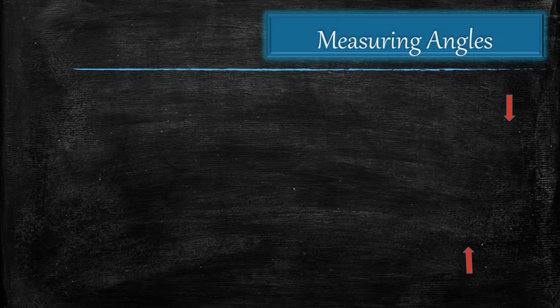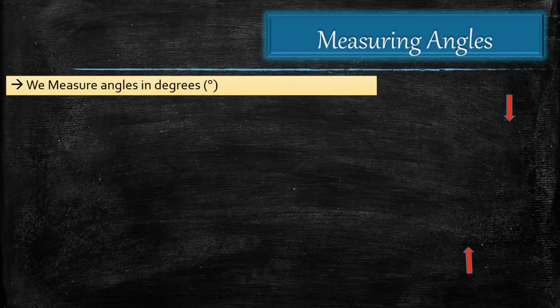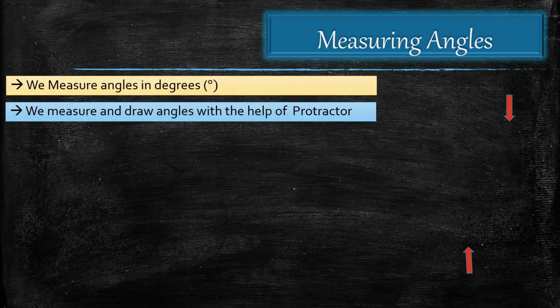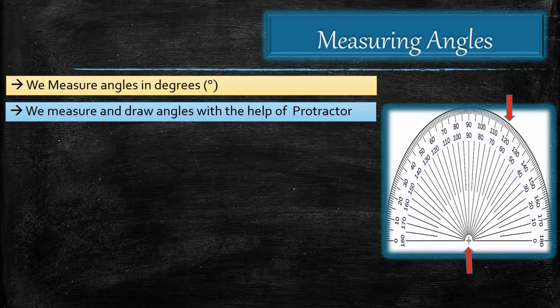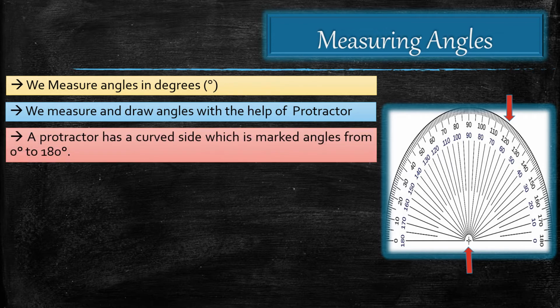Now measuring angles. So we follow these things while measuring angles. We measure angles in degrees, and we measure and draw angles with the help of a protractor. Here is a protractor. A protractor has a curved side which is marked with angles from 0 degrees to 180 degrees.